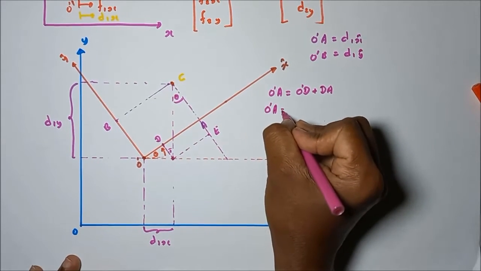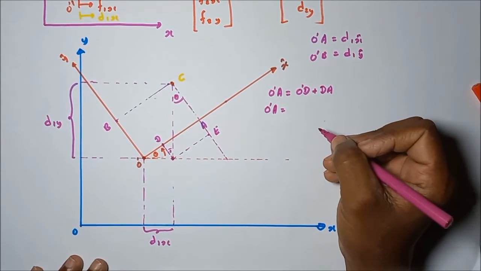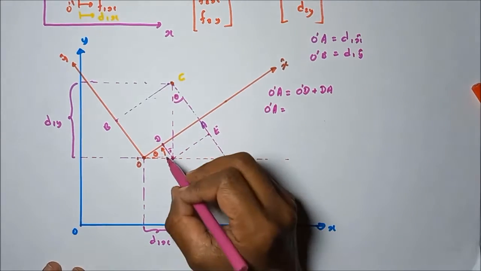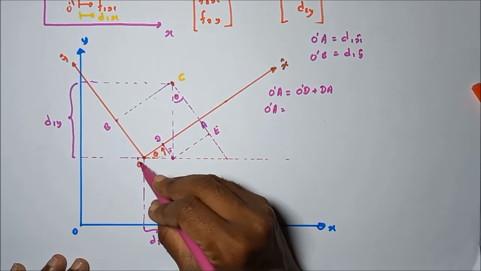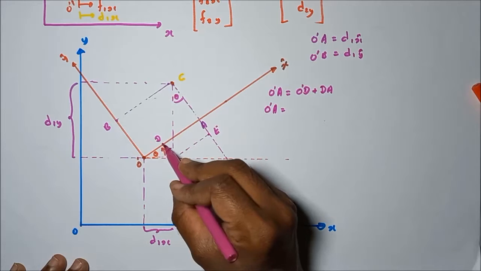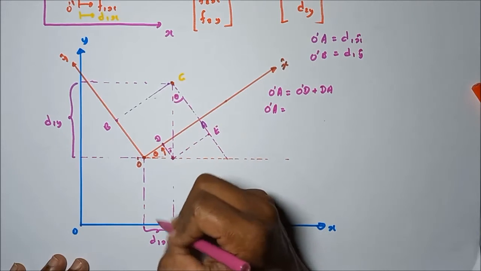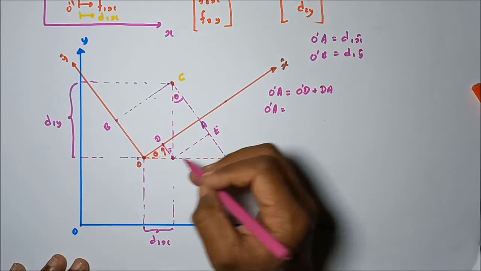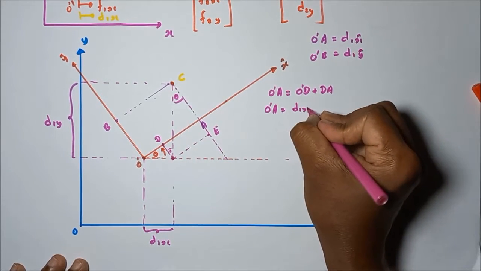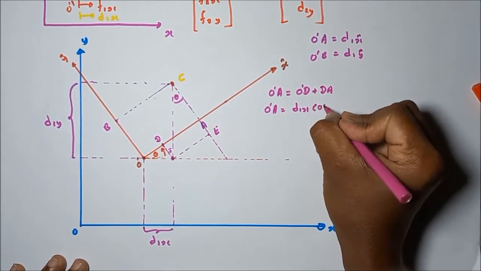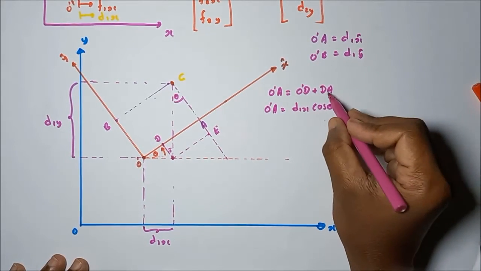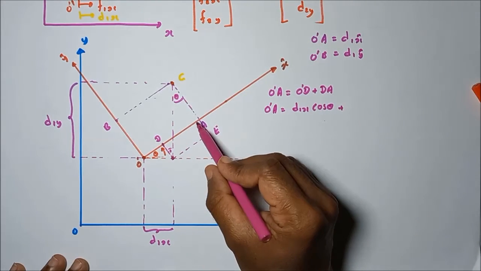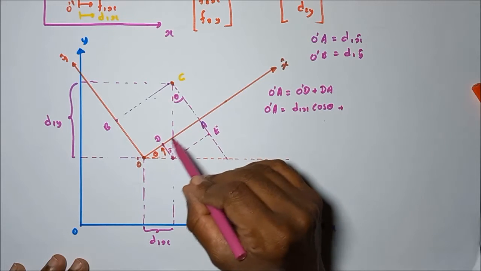O dash D, from this triangle, is d1x cos theta, plus dA.